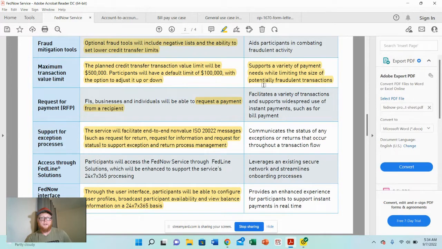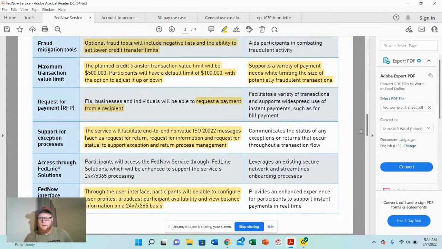And so again, this is to prevent fraudulent transactions, but it's also like, if you're going to commit fraud or money laundering, are you really going to use FedNow? I mean, there are other ways you can do it, I'm sure. And it's not like it.